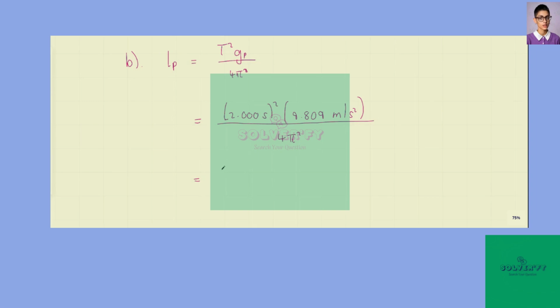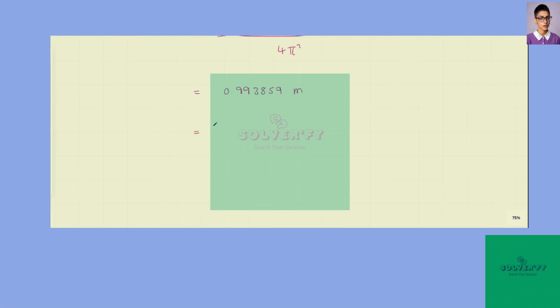And so the length that the pendulum needs to be in Paris is 0.993859 meters, or again, keeping our 4 significant figures, 0.9939 meters.